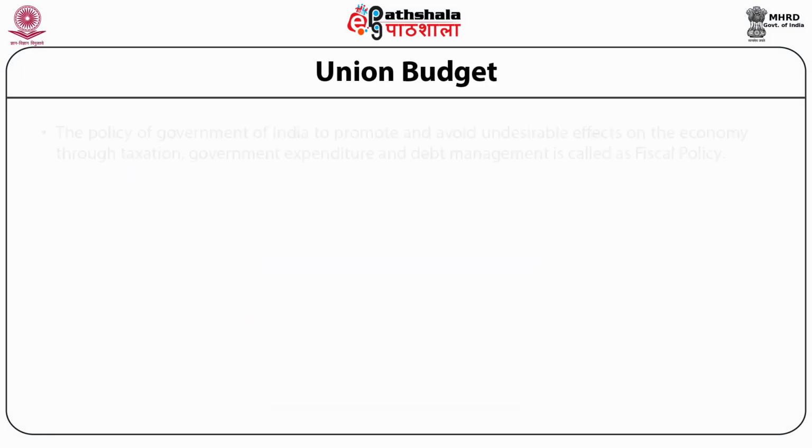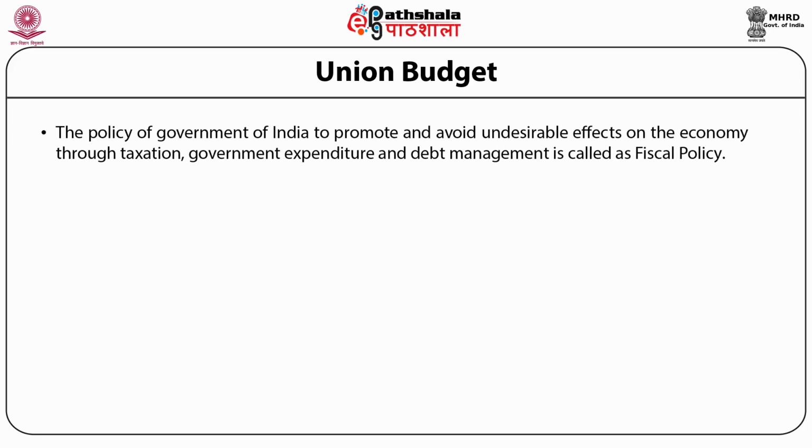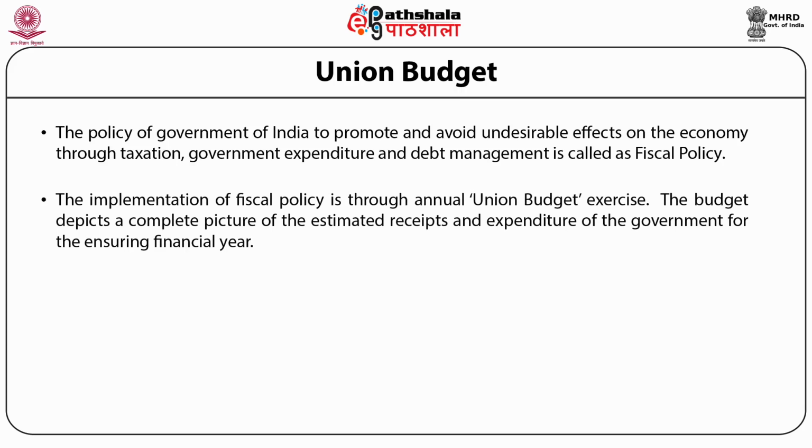Union budget. The policy of the Government of India to promote desirable effects and avoid undesirable effects on the economy through taxation, government expenditure, and debt management is called fiscal policy. The implementation of fiscal policy is through the annual budget exercise.